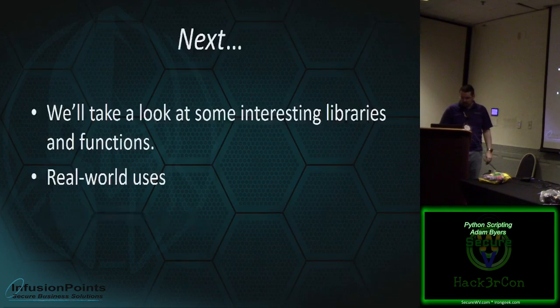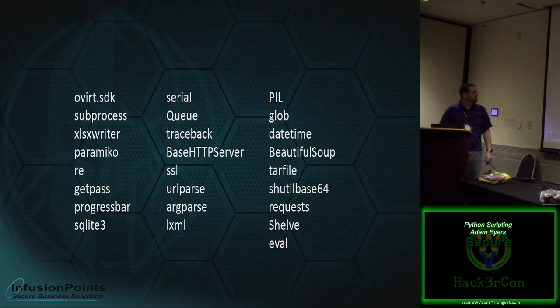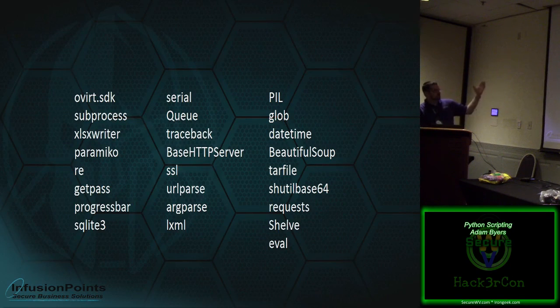Let's see. Here's some of the stuff that I've used as well. So the oVirt SDK, use that a lot for dealing with. We do a lot of work with Red Hat and their cloud offering RHEV-M. So working with that, it's a good SDK for it. Subprocess for, say, you want to run a ping or something and catch the output for it.